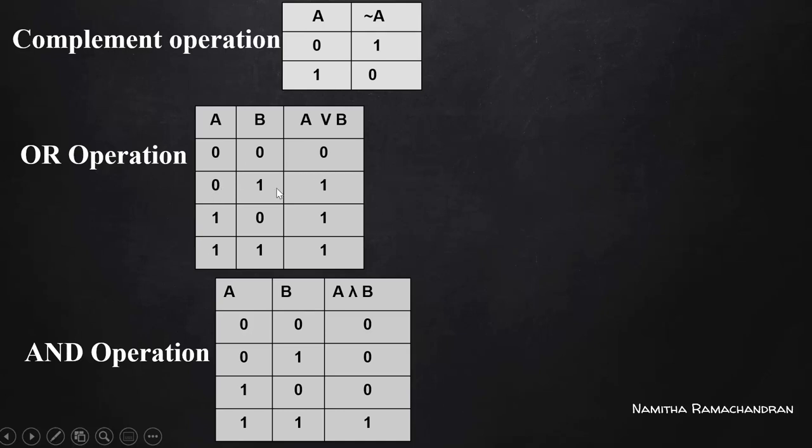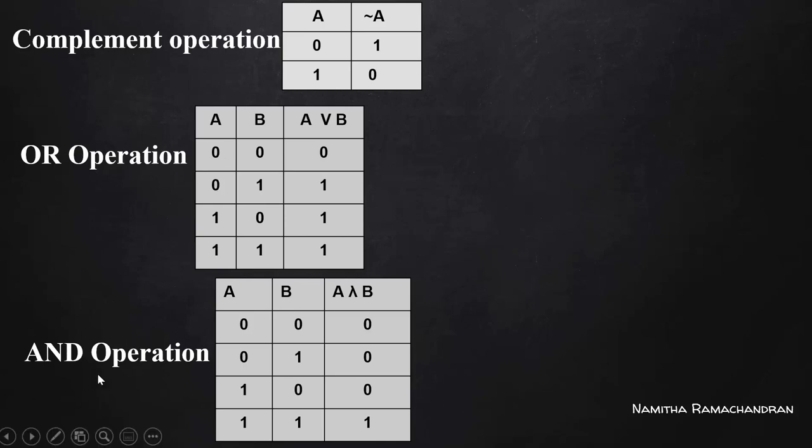Here it is 0, 1, then the value becomes 1. 1, 0, after OR operation the value is 1. If both are 1, then also the value is 1. So from this table it is clear that the result of OR operation becomes 1 if either of the variables has value 1. Either A or B or both are 1, then the result of the OR operation becomes 1.